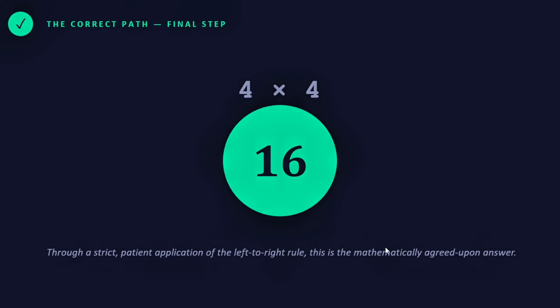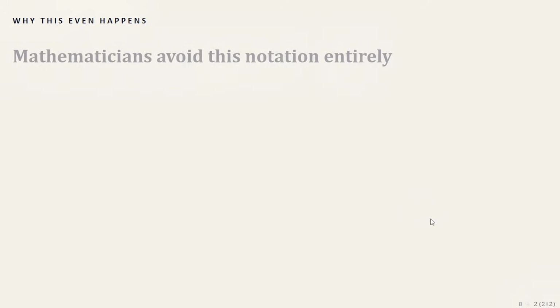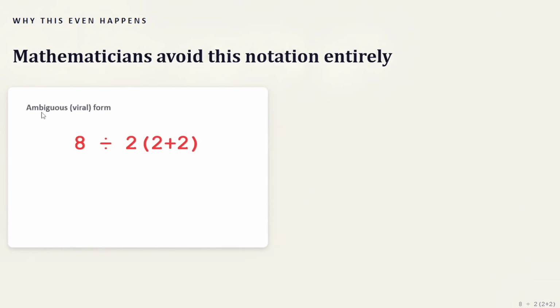Now, you might be feeling a little tension right now. You might be thinking, but why would someone write it so awkwardly? And you're right to think that. Professional mathematicians avoid this notation like the plague precisely because it's a communication nightmare. A mathematician would never write 8 divided by 2, parentheses 2 plus 2.